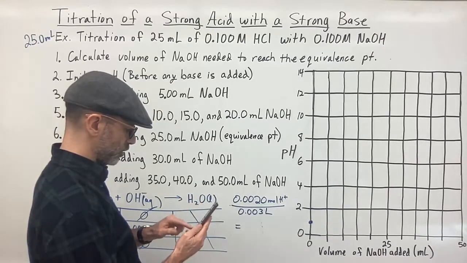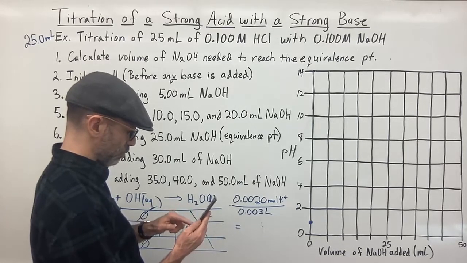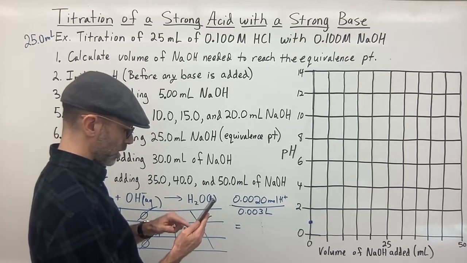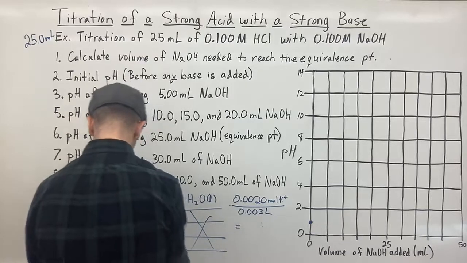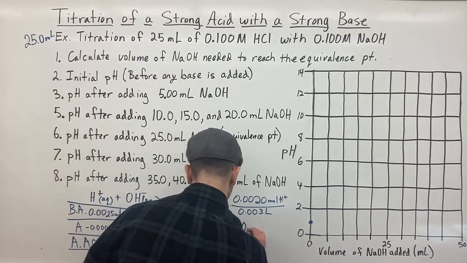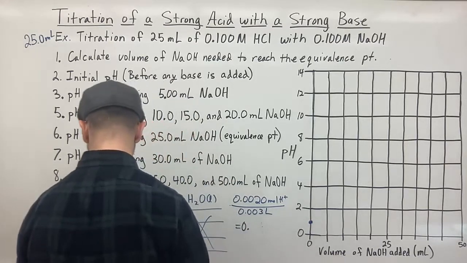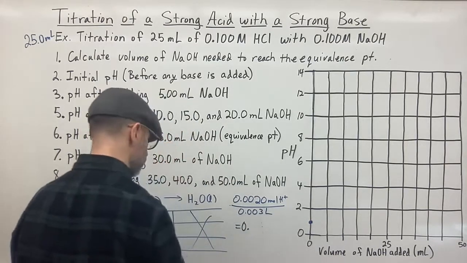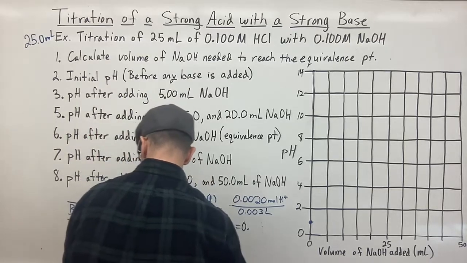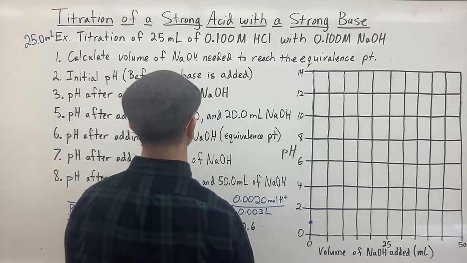The new concentration is 0.002 divided by 0.003 equals 0.6.